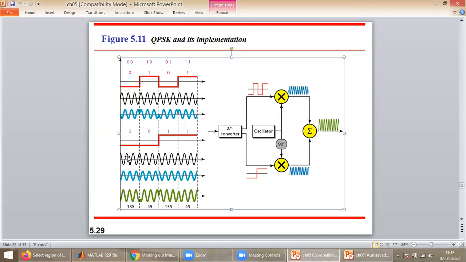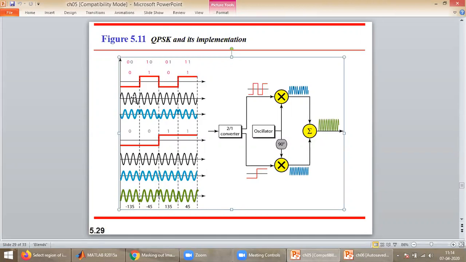Here 1, 2, 2.5 cycles. So for the second bits we are using 2.5 cycles to represent digital data. Here 3 cycles, here 2.5 cycles. So phase value 0 for the carrier signal, and here phase value 90.